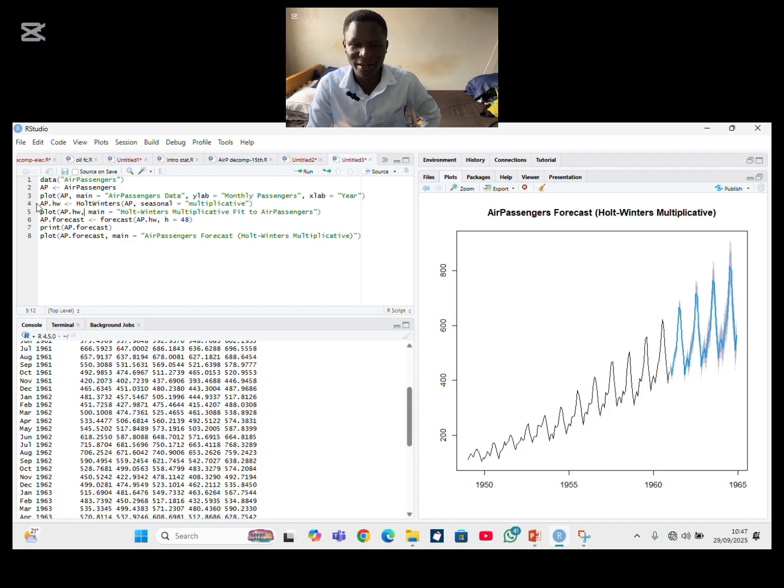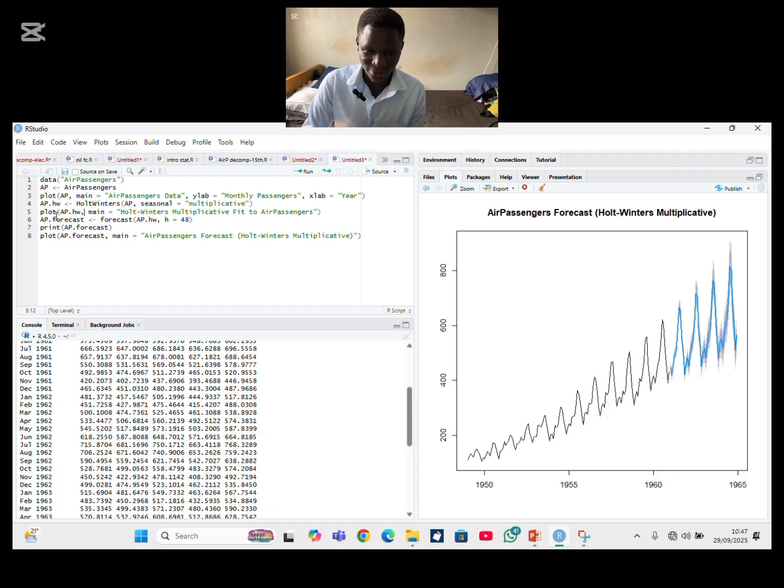And so our forecast, we have put it in this object ap.h. We have created this ap.h, and it is the one going to model our forecast. So we also plot it. The fifth line is the one plotting this. And then now we bring in our forecast here.